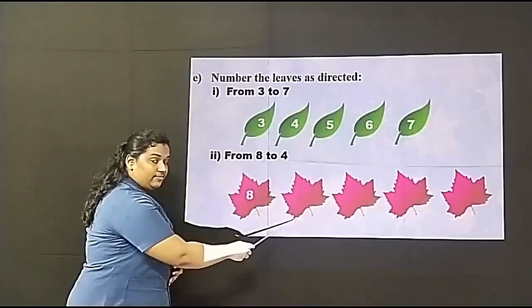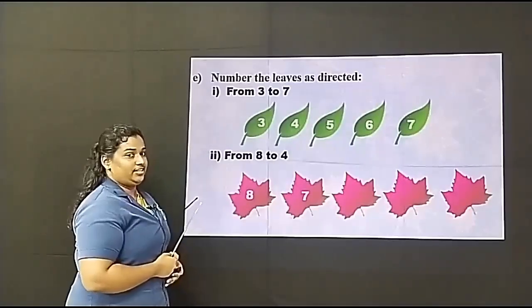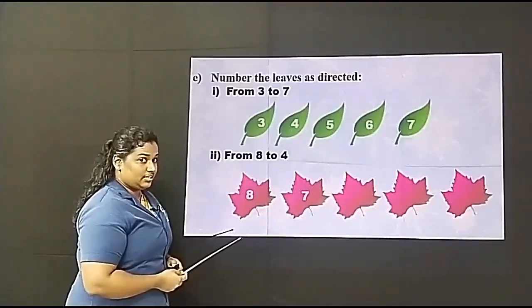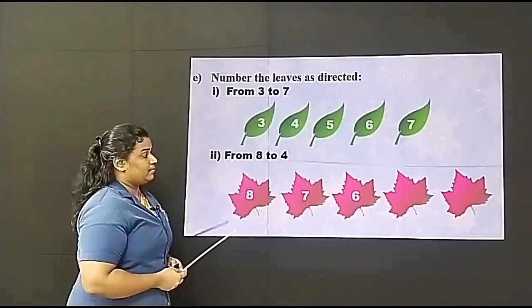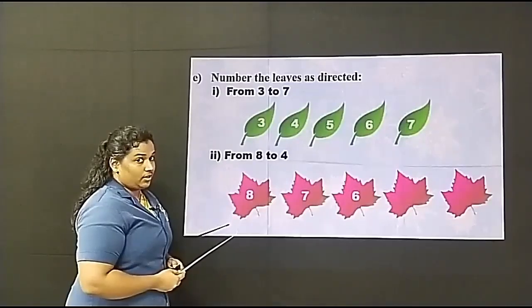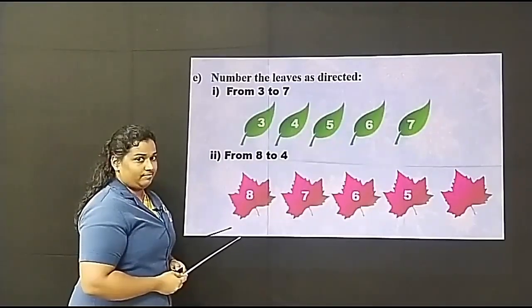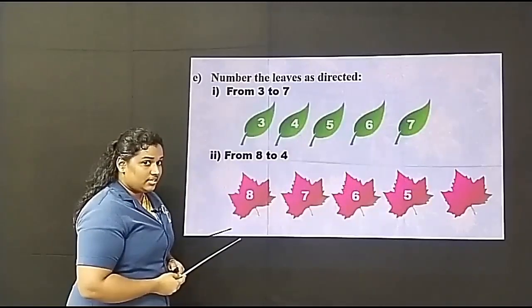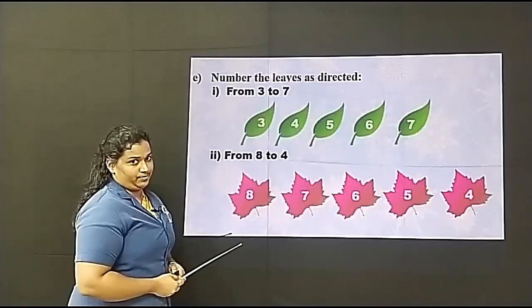The second leaf gets number 7. Very good. Third leaf gets number 6. The fourth leaf we have to write number 5. And on the last leaf we have to write number 4.